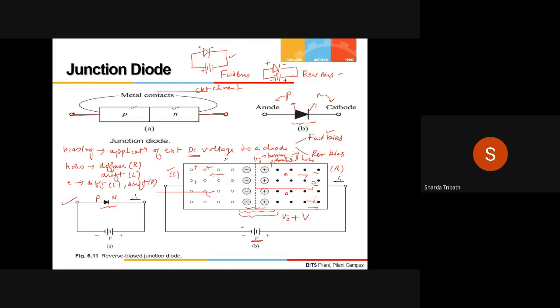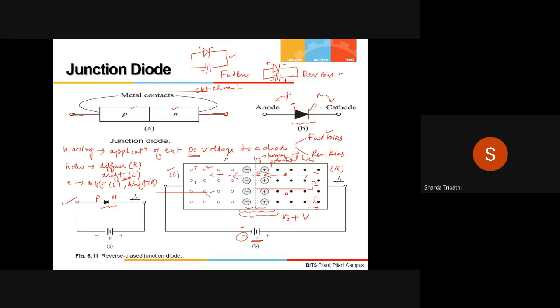These holes already have the tendency to drift to the left, and there is also a force of attraction. So these minority carriers from the N region will be drifted into the depletion region towards the left. When these holes enter the depletion region, the electric field present there further pushes them into the P region.